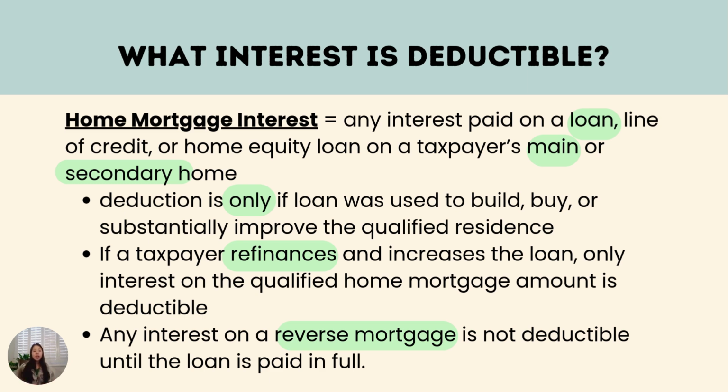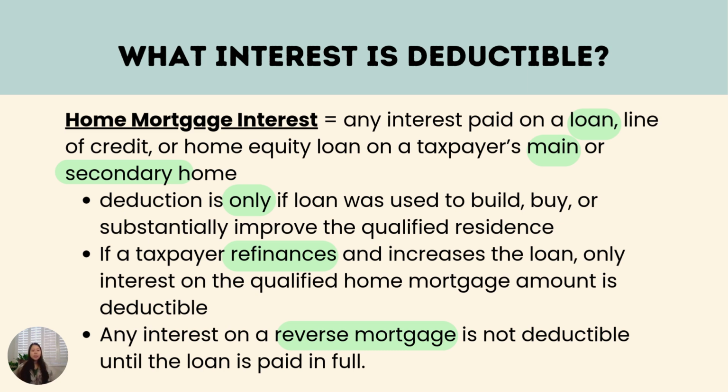Basically, if you take out a loan for a mortgage, so say you take out a $2,000 loan, I know that's really low, to pay for your mortgage. And then on that loan, you have to pay interest. That interest that you pay every year, so say you pay like $100 in interest every year, is what is deductible from your AGI.